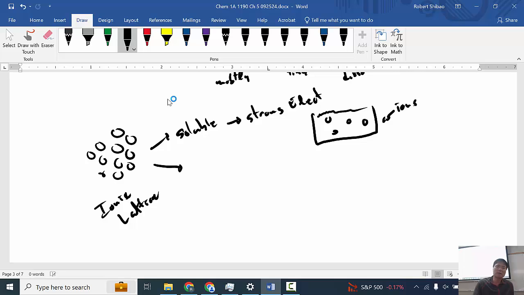If it's insoluble, then what should we call it? If the ionic lattice is insoluble, should we call it a non-electrolyte? And the answer is probably not. And so what some people call an insoluble ionic lattice is a strong electrolyte of minimal solubility.